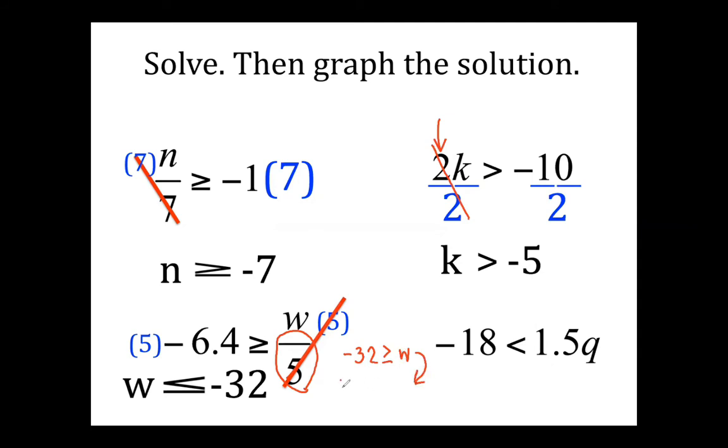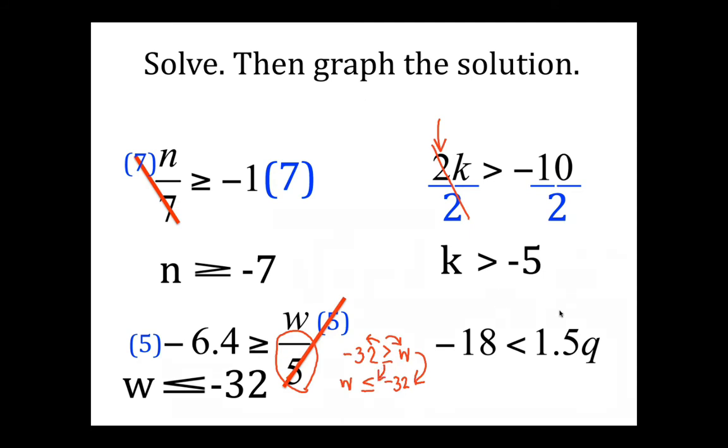So go ahead and switch W and negative 32 and switch the direction of the sign to make sure that the inequality still represents the same values. So in this case, the open side is facing negative 32 and the pointed side of the inequality sign is pointing to W. So just make sure that you're flipping it around.